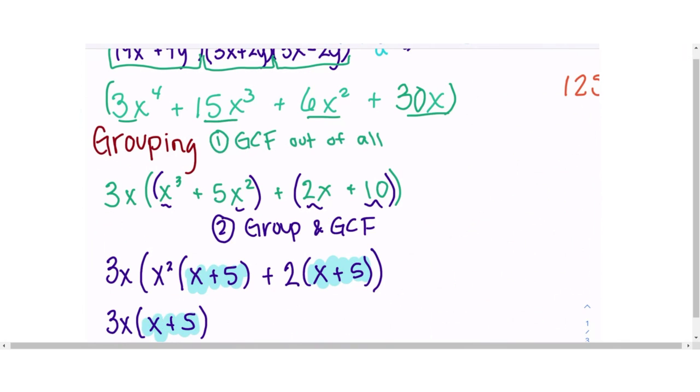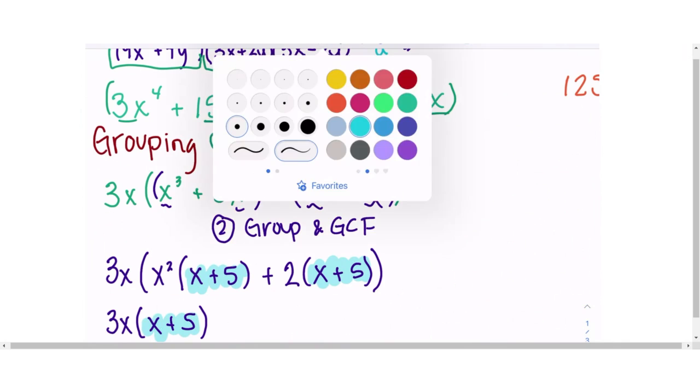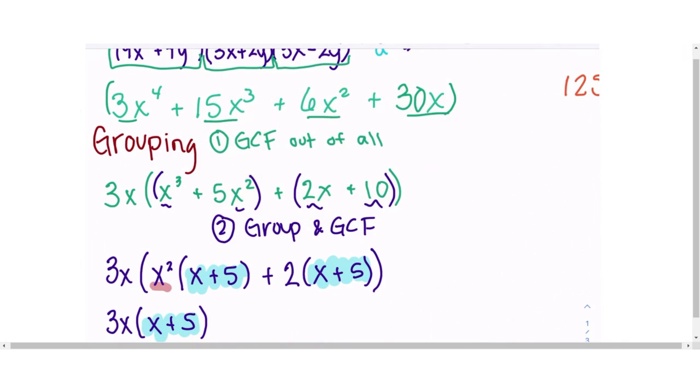And then these terms that were in the front, of what we took out, become the last parentheses, so x squared plus 2. That came from those things. So that's the last way.